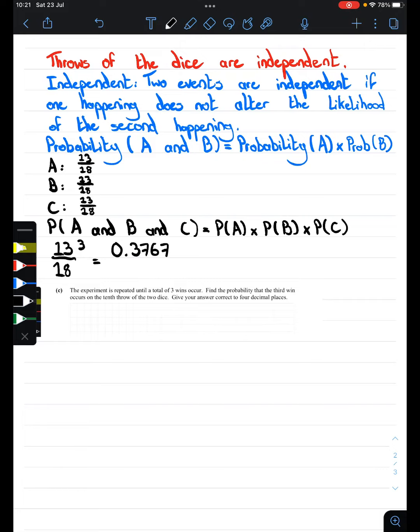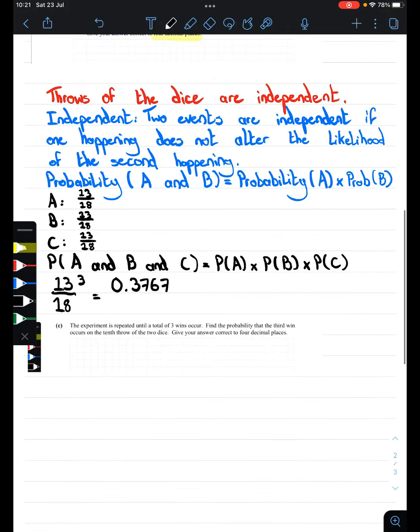Well, 0.3767146, but to 4 decimal places, so 0.3767.